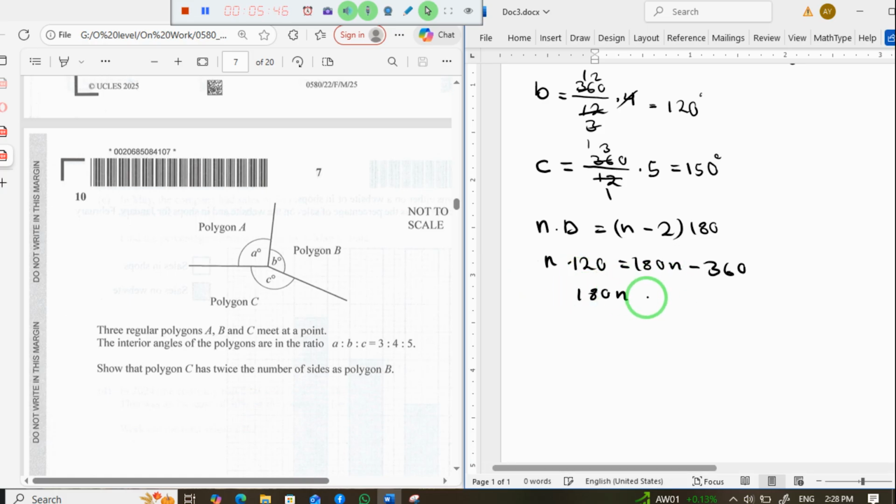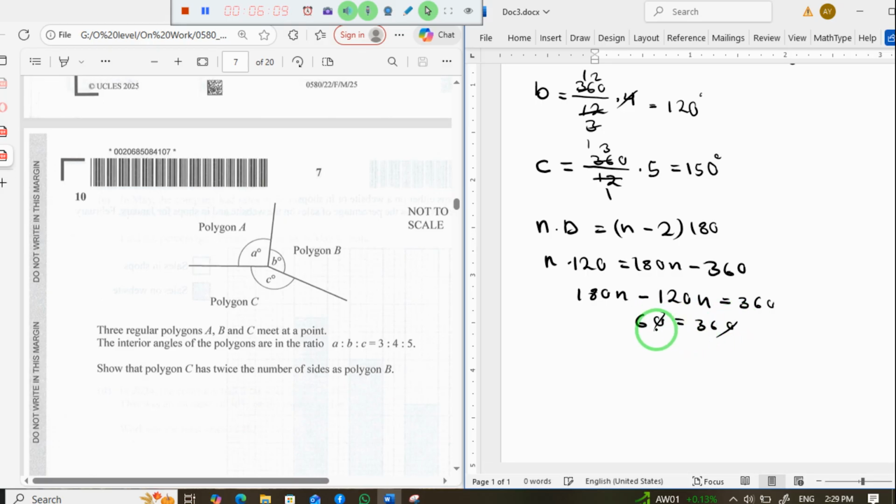Then we simplify this equation: 180n minus 120n equals 360, carrying over to the left side. Subtracting 180 minus 120 gives 60n equal to 360.